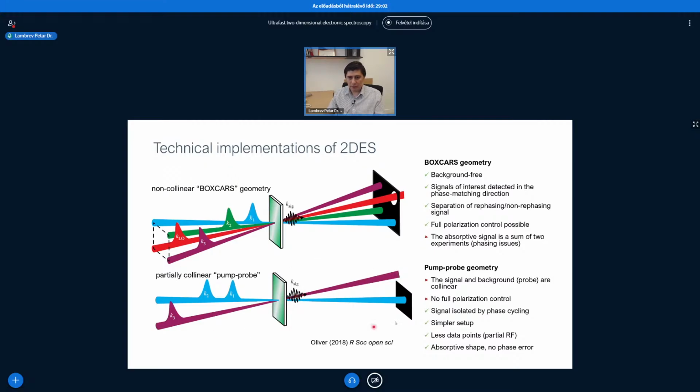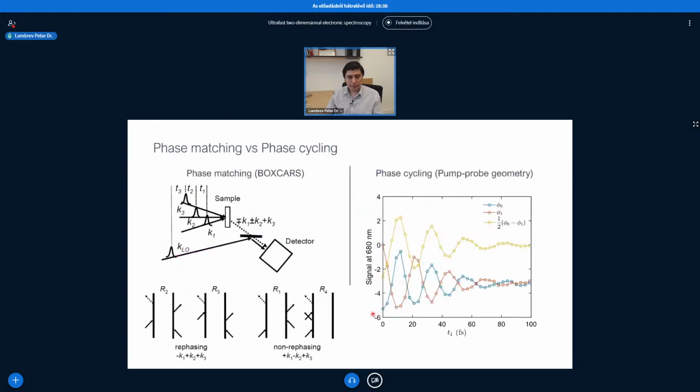And this is exactly how we measure transient absorption. And in fact, you can upgrade your transient absorption spectrometer very easily to a two-dimensional spectrometer just by converting your pump pulse to a pair of two pulses. But you need a control delay and phase between them.